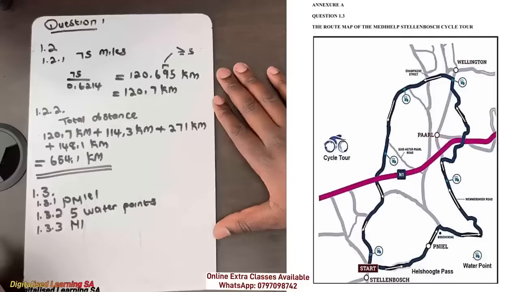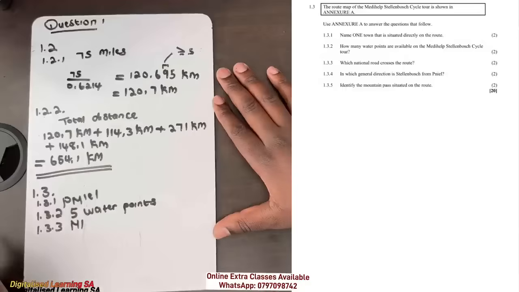Okay, so now let's move to question 1.3.4. Question 1.3.4 says, in which general direction is Stellenbosch from Peniel?